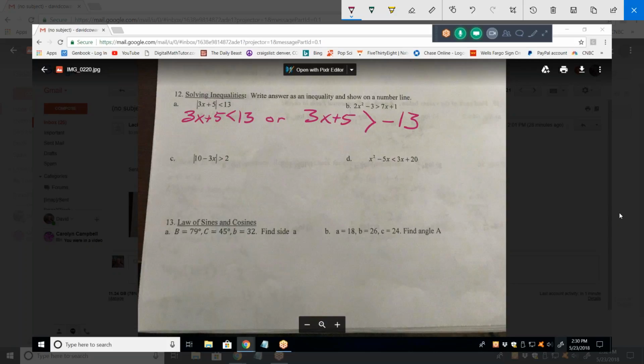Solve the one on the left. 3x is less than 8, and then divided by 3. Keep going. x is less than 8 over 3. Oh, yeah. And the or part?